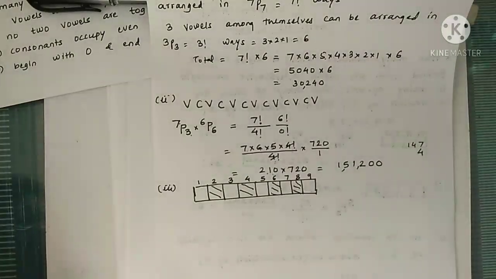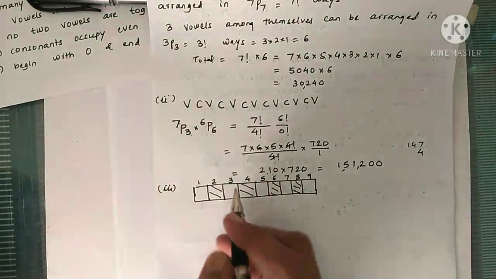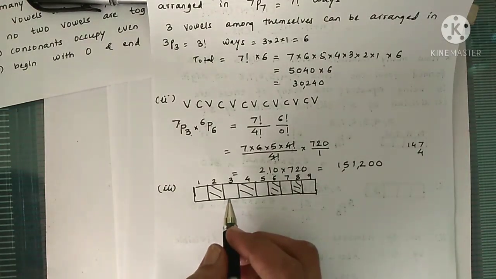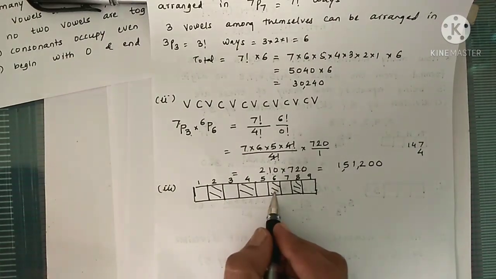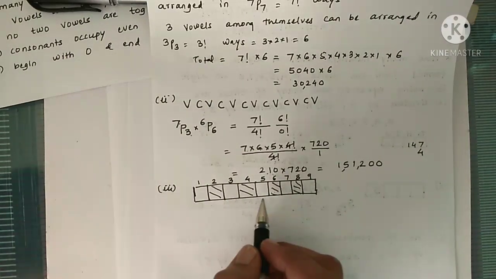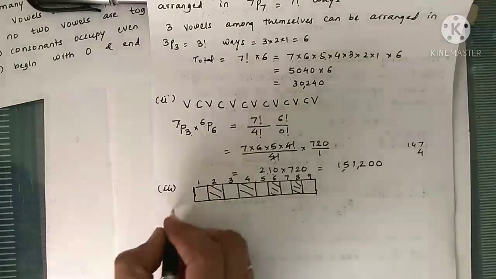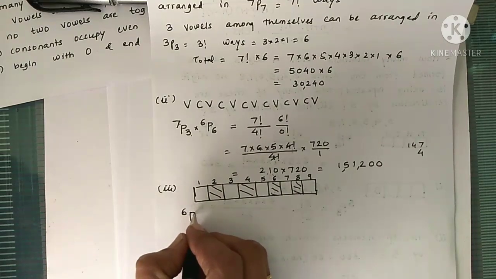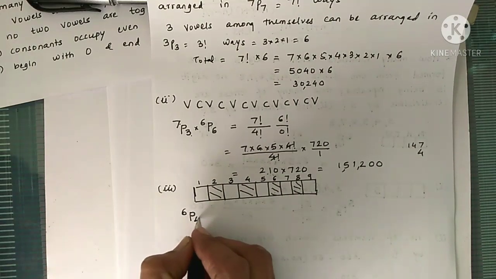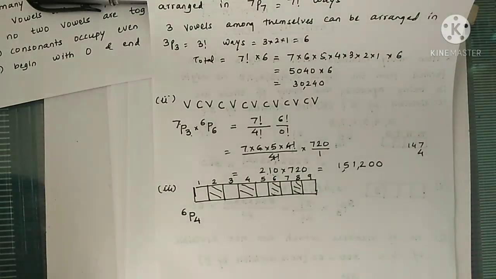So we want consonants to be in even positions. But we have only 6 consonants. So out of these 6 consonants, only 4 are to be arranged here. So from 6 we can arrange 4 in 6P4 ways.